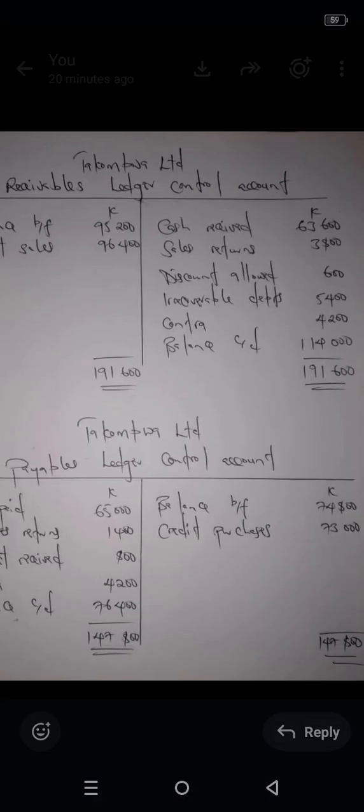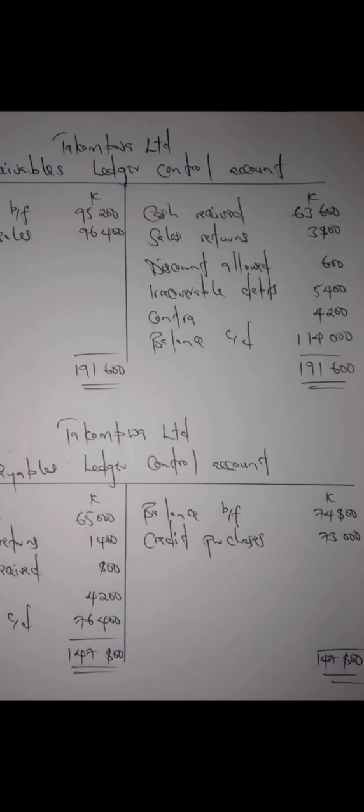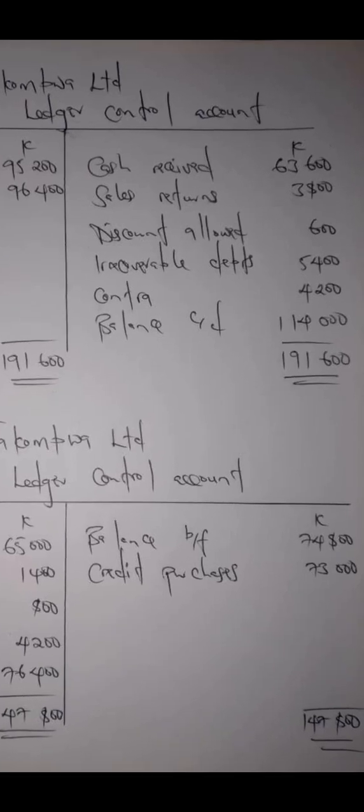Then the credit side will have the same balance as well. Then we add cash received 63,600, 38,600, and 54,600, plus the contra item of 52,600 as shown. The amount that we find, we reduce from 191,600.